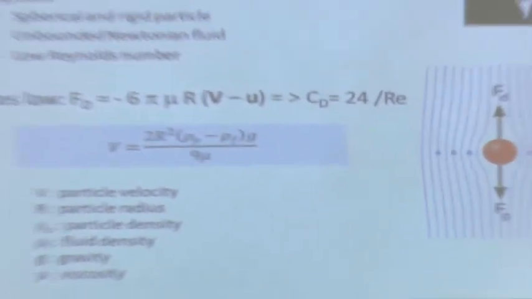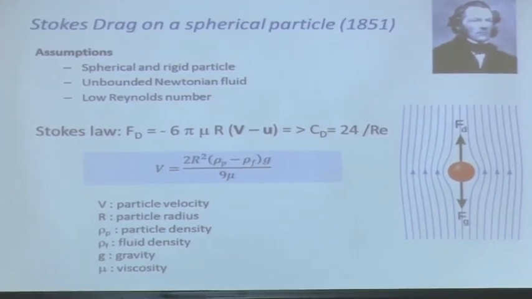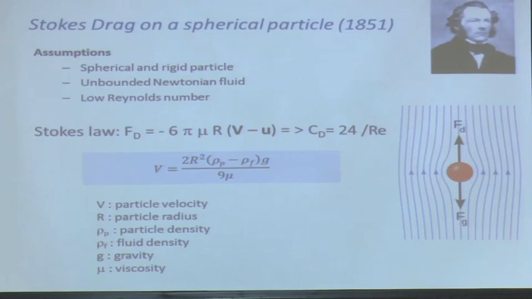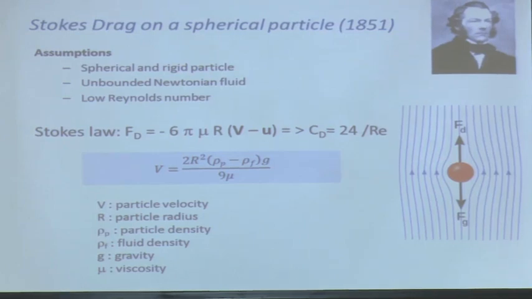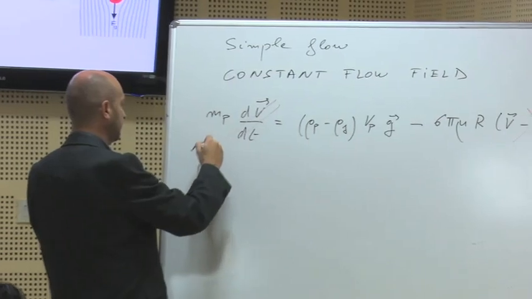So now we are going to see what goes beyond that, when the Reynolds number is not low. So what is the Reynolds number? The Reynolds number is a dimensionless measure of inertia and viscosity effects. In the lectures on fluid mechanics you have seen the Navier-Stokes equation.